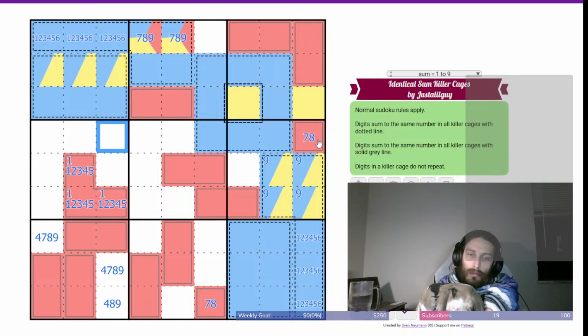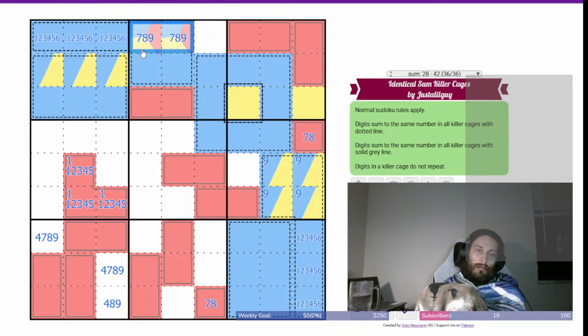Now, wait, we know yellow is here. Right. So yellow cannot be red. Right. Oh. So that means that this yellow is 9. Yeah.